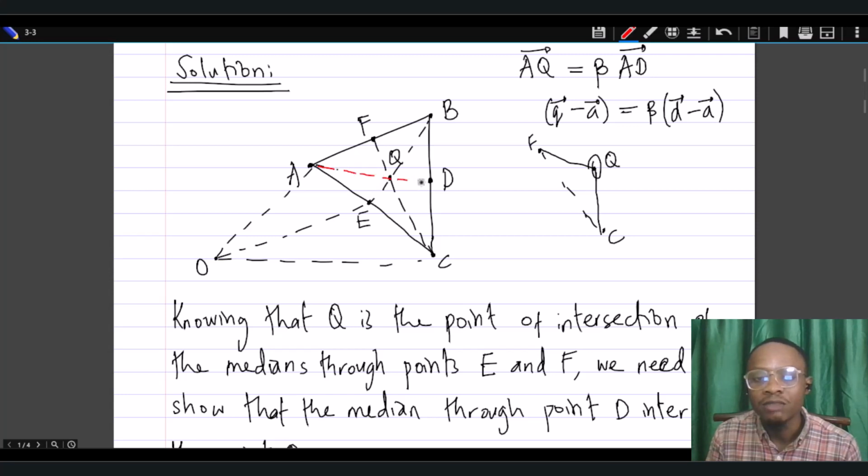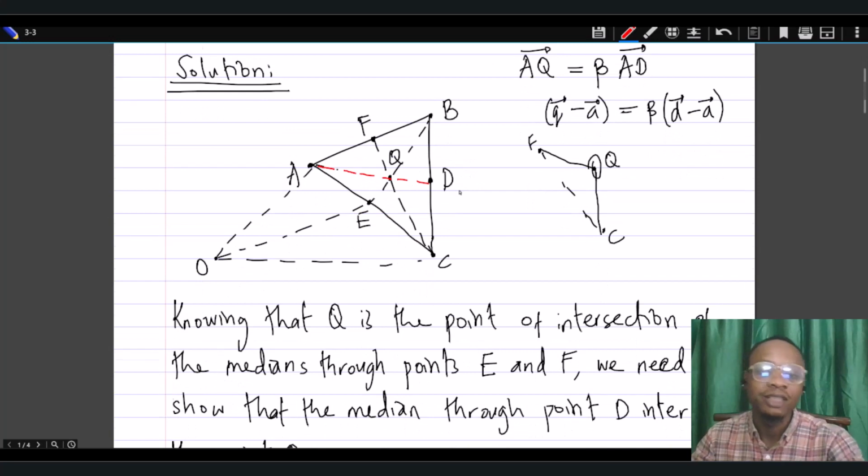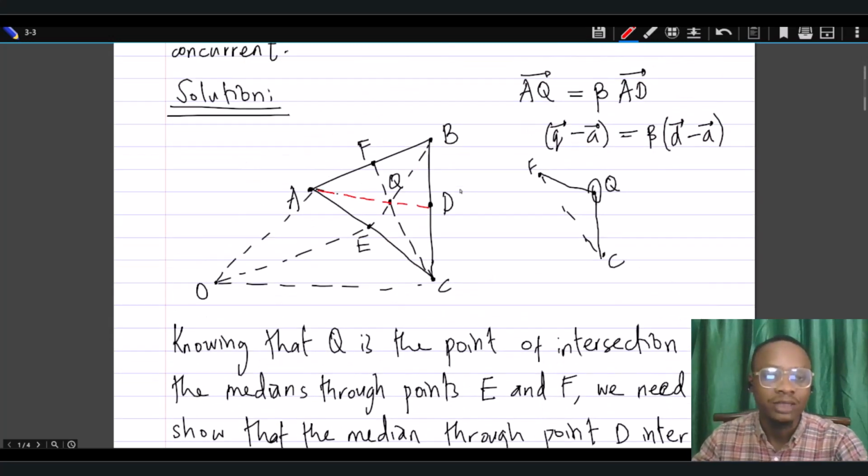Because we have established that AQ is collinear, that means along the same line as AD, the third median passes through the same point where the other two intersect. And therefore, the three medians of a triangle are concurrent. Full stop. So we're done. We have now established that indeed the three medians of a triangle are concurrent.